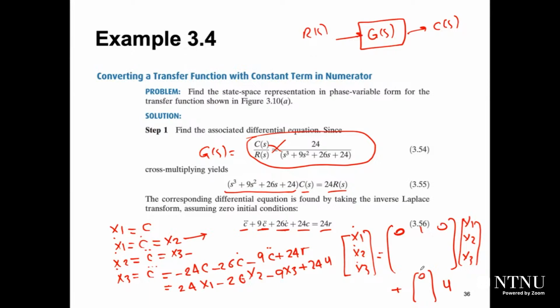This one will be 0. The second equation x2 dot equals x3, so it will be 0, 0, 1. This one also will be 0. The third first order equation will be minus 24 x1, so this row will be minus 24, minus 26, minus 9, and the input term 24. So it will be like this. So this is my state equation.